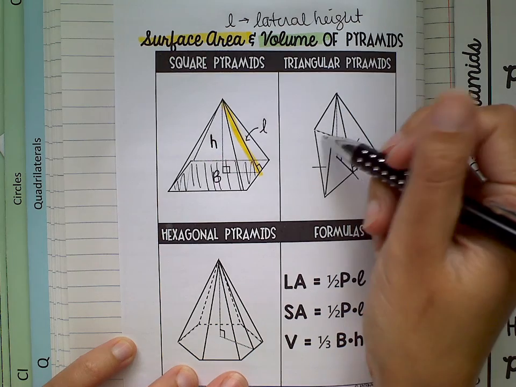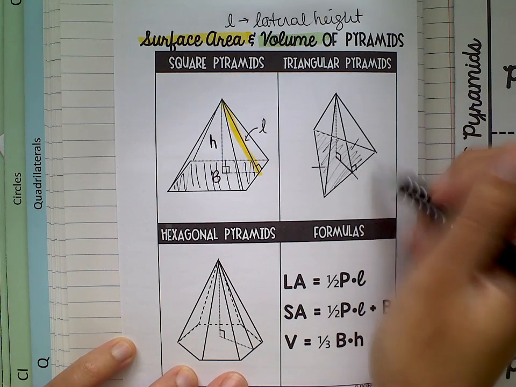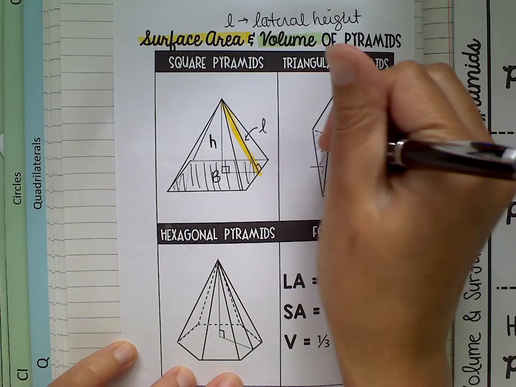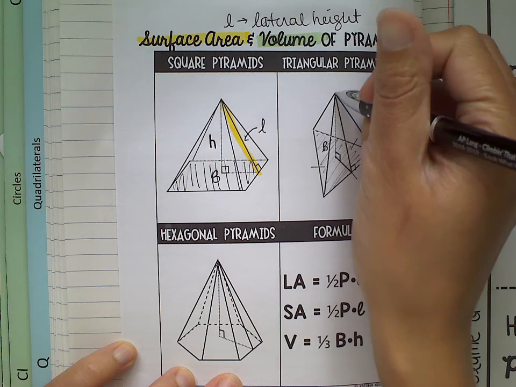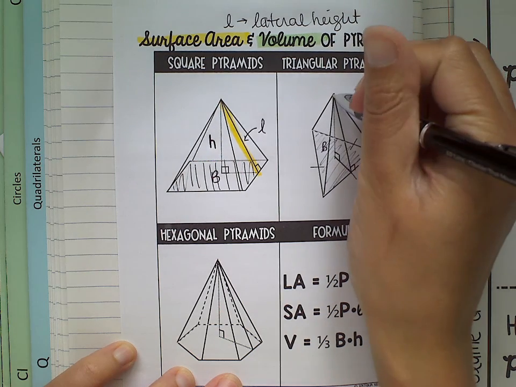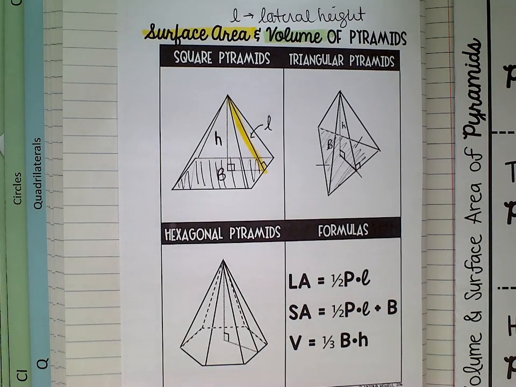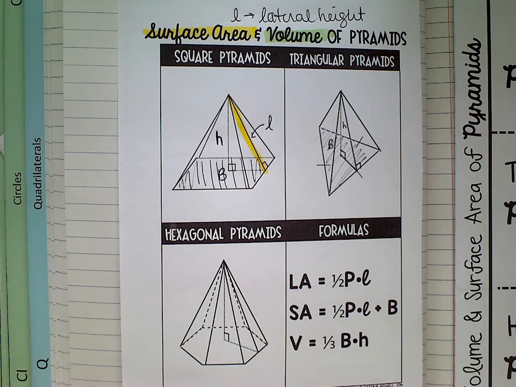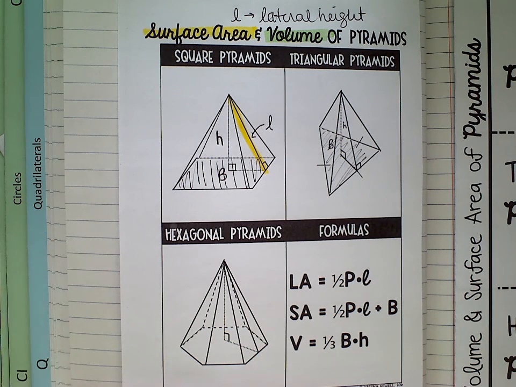Okay, so similarly here, if I pick this bottom triangle, the equilateral one, to be my base, that's important. But then we also have the height, so from the middle of the bottom base to the point of the pyramid is your height. It's not really part of the pyramid, it's this invisible height that just drops down.